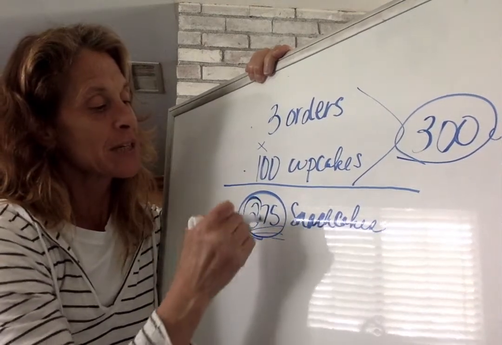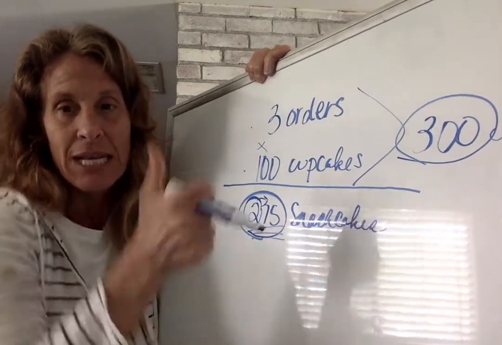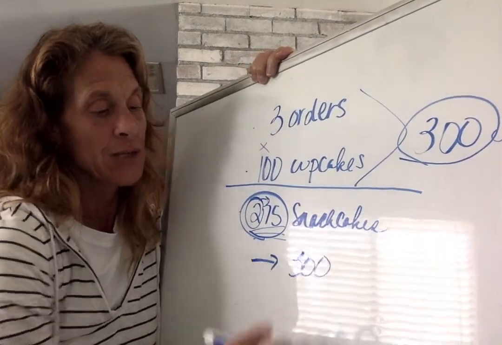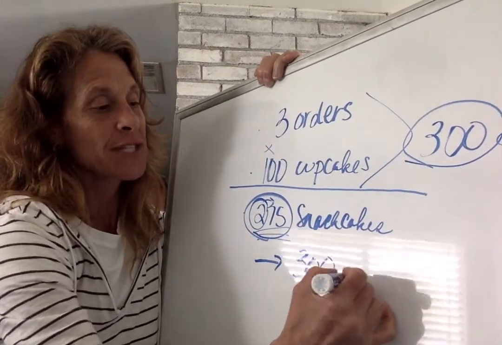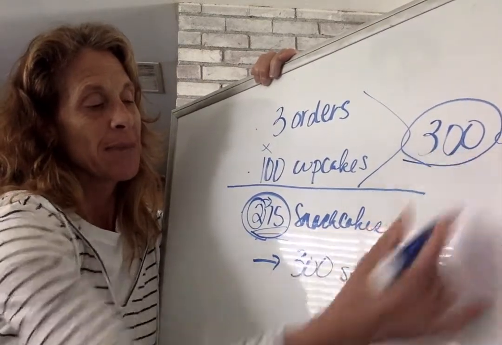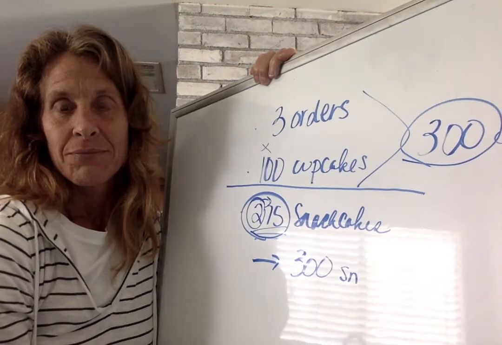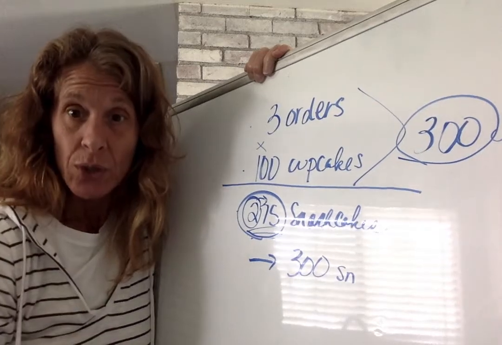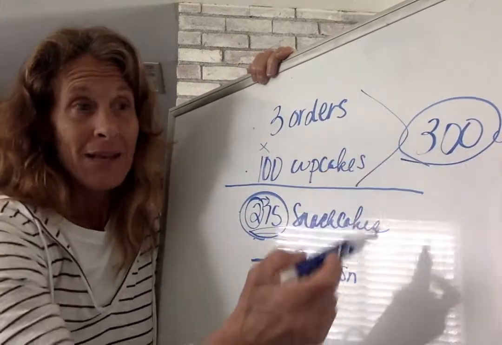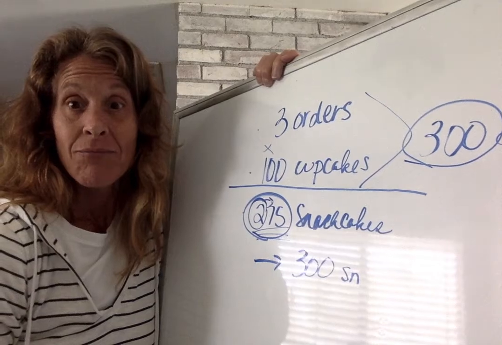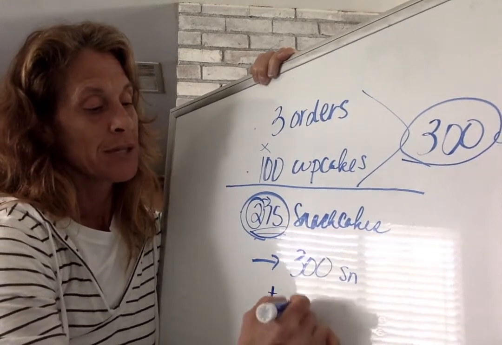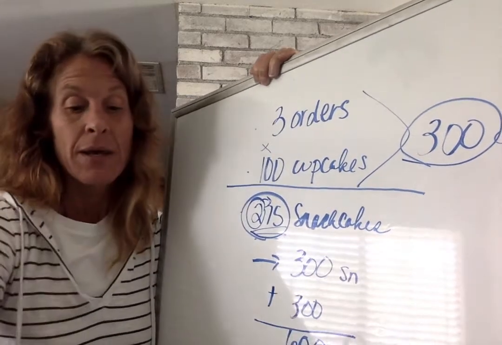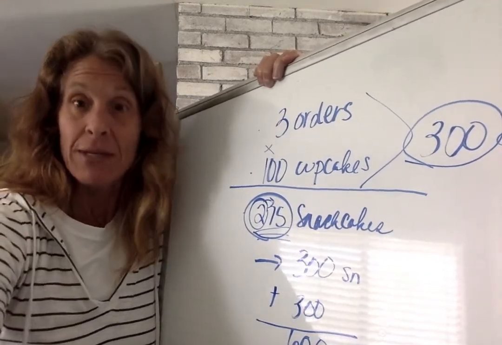So if we're rounding to the nearest 100, we look next door, it's a 7, it's higher than 5, so it gets rounded up to 300. So now we've got 300 snack cakes and 300 cupcakes. What do you think we need to do now? If we're looking to see how many total, we would add the cupcakes plus the snack cakes. So 300 plus 300 equals 600 desserts. And there you have it.